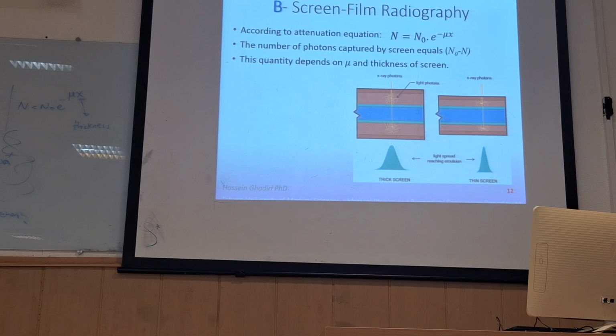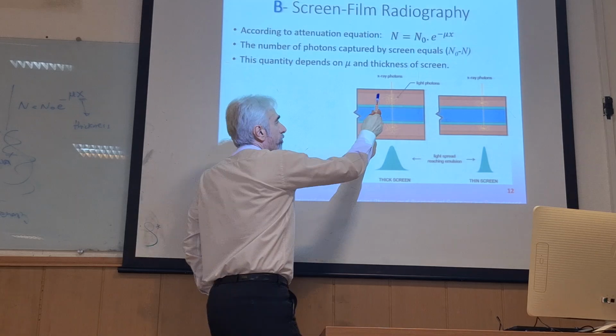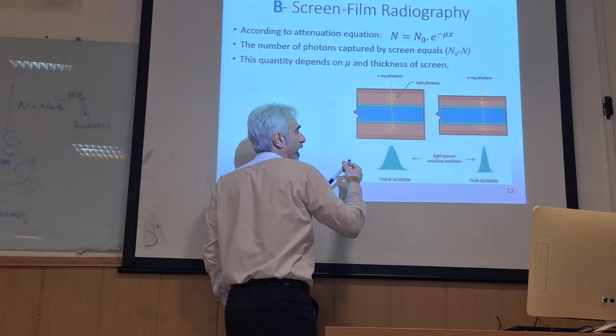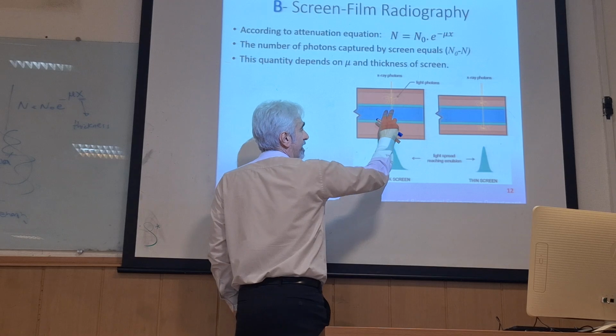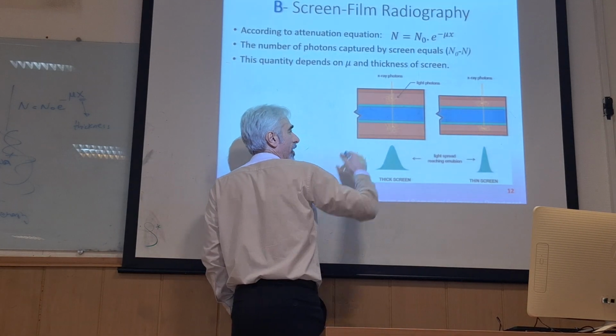How can we decrease these disadvantages? By decreasing the thickness of the screen. Here you can see one photon comes in, there is a distribution of light, and the size of this light effect is large.